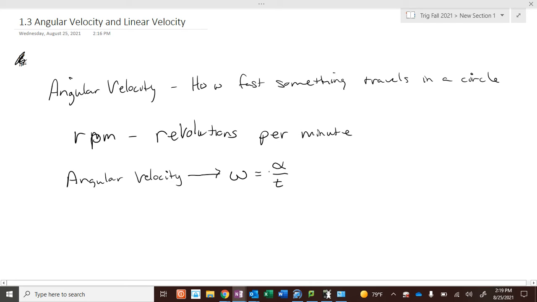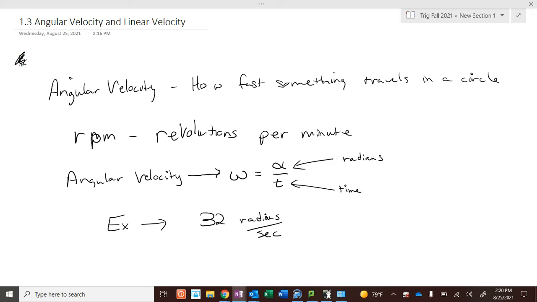So angular velocity is kind of a W thing. This is radians, and this is time. So we might speak of angular velocity as 32 radians per second. Okay, this is an example of angular velocity. Okay, so a number of radians traveled in a second.